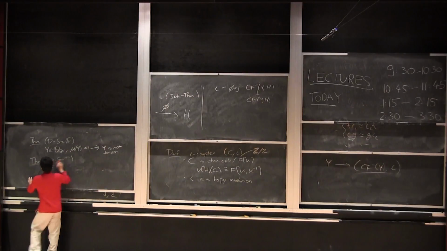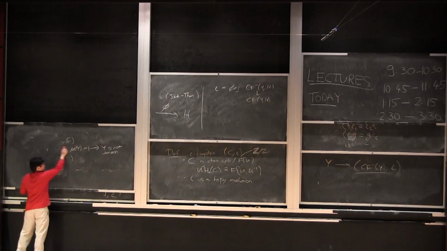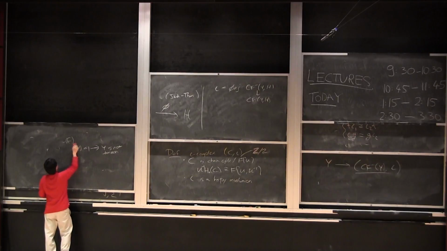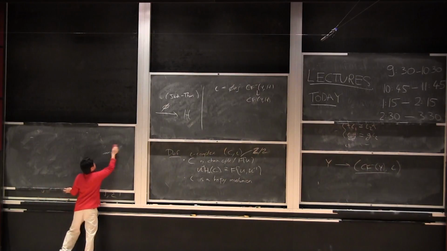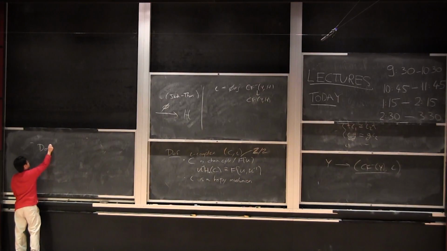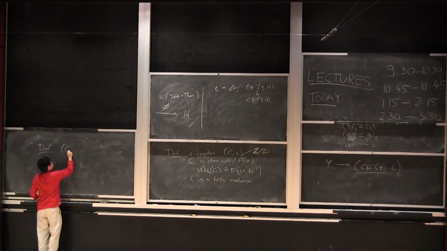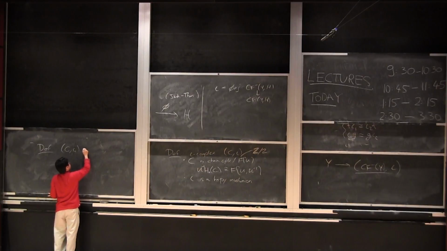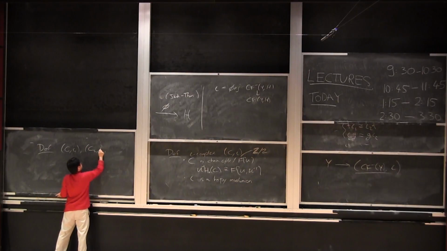All right, now let me introduce one more definition, which is probably the most important definition. Two iota complexes are locally equivalent.